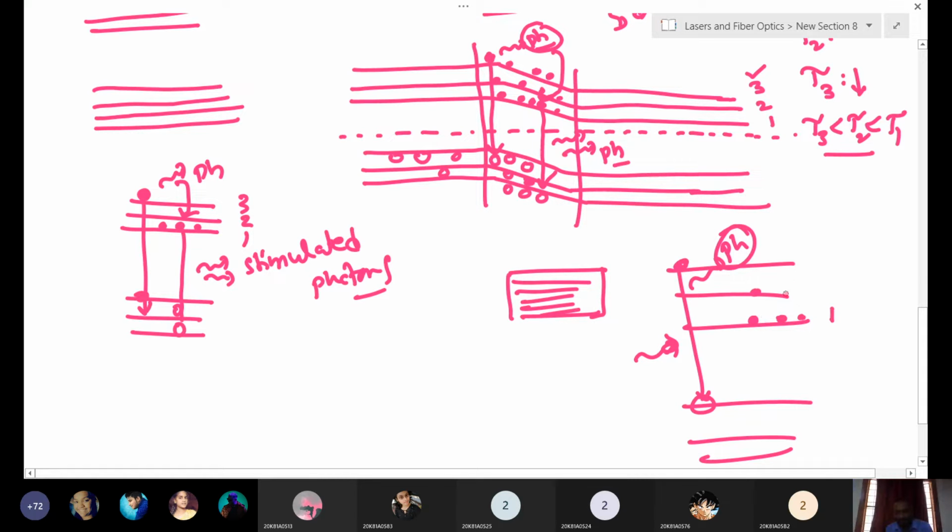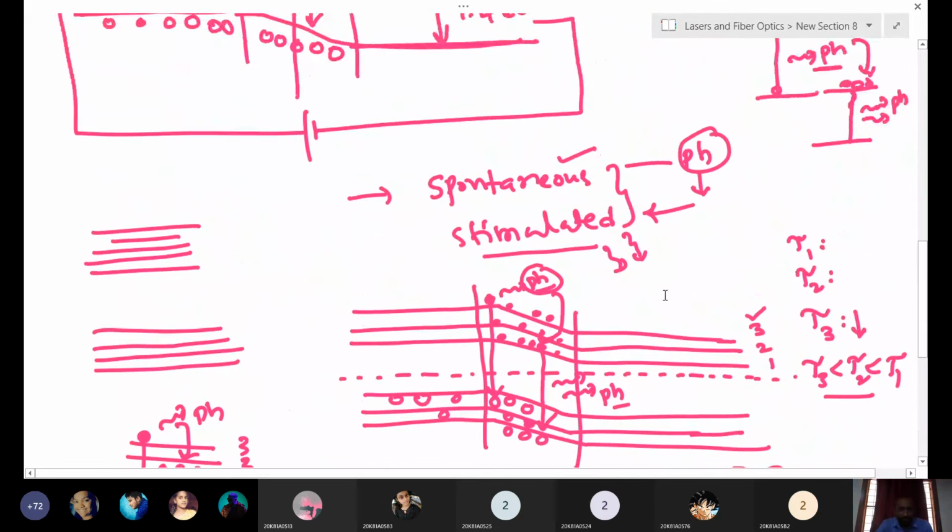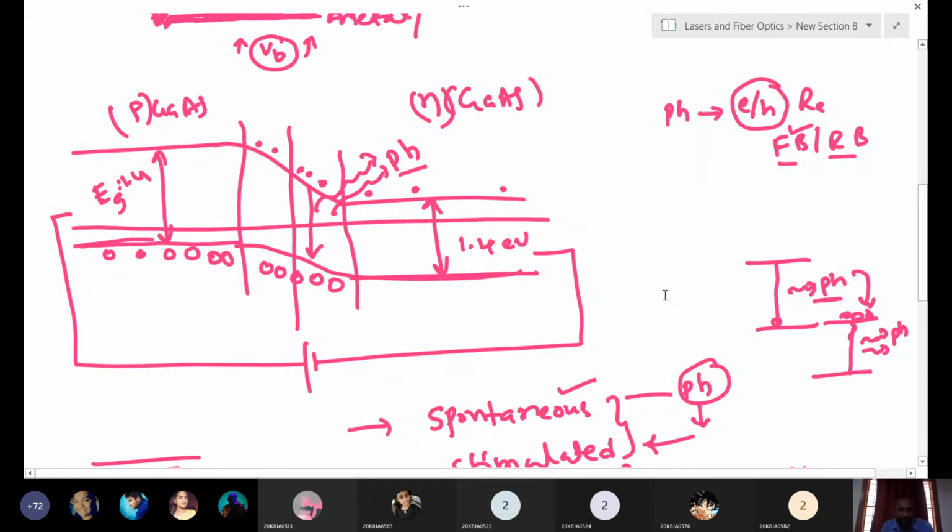These spontaneous photons trigger these electrons, then these electrons come to the ground state and recombine with holes. In this case, the stimulated emission process takes place and stimulated photons are emitted. That is the process that happens in semiconductor lasers. Now we will get the laser beam.